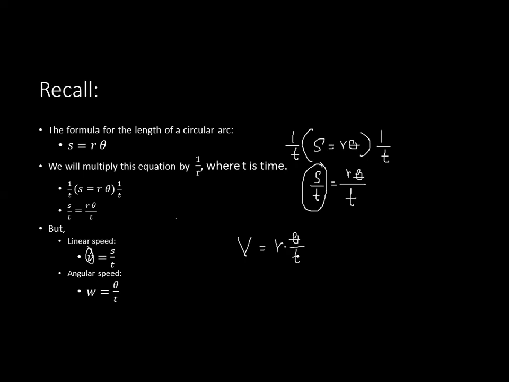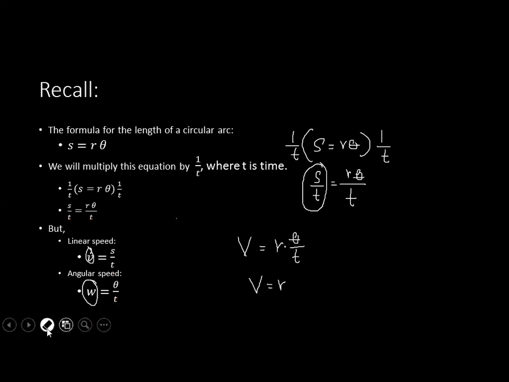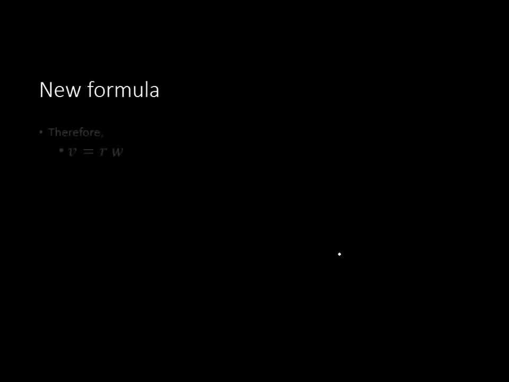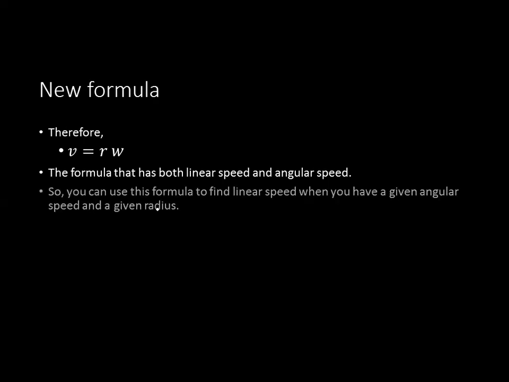And theta all over t is W. So we have this final derived formula. Therefore, V is equal to R times W. This formula has both linear speed and angular speed.